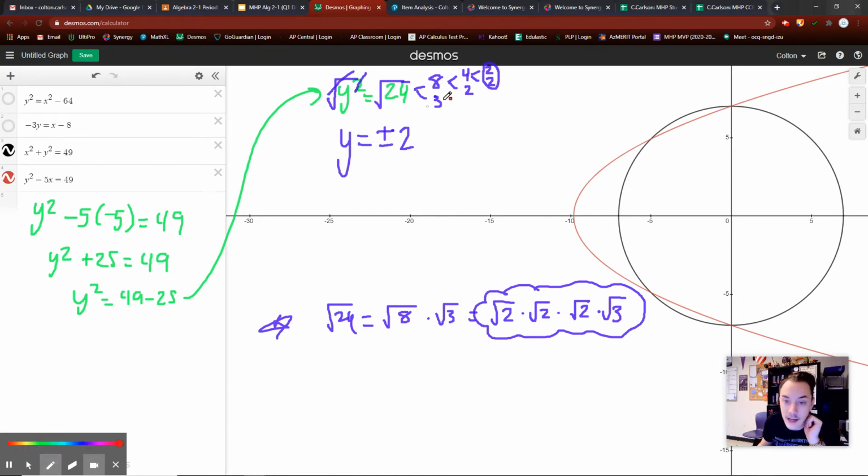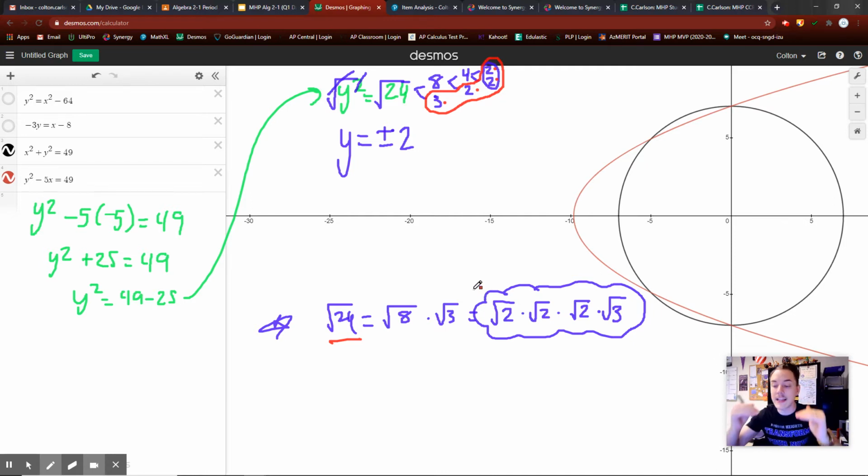I'll kind of box it or cloud it in red. That's what I've done. 3 times 2 times 2 times 2, all those numbers, when multiplied together underneath the radical, I get radical 24. So what I'm doing is breaking it down into its factors. It's what we call a radical factor tree. I just don't write the radicals here because that's kind of annoying, but you could, okay?